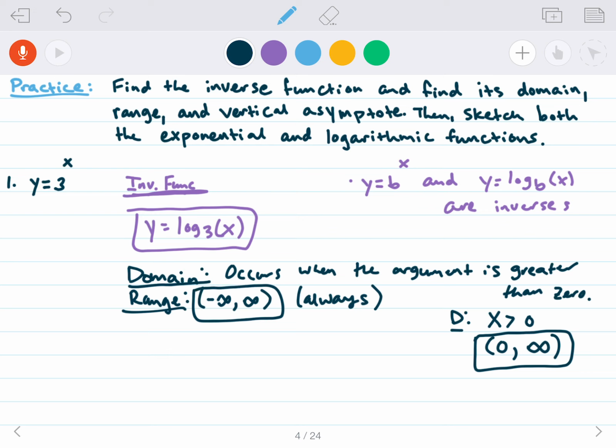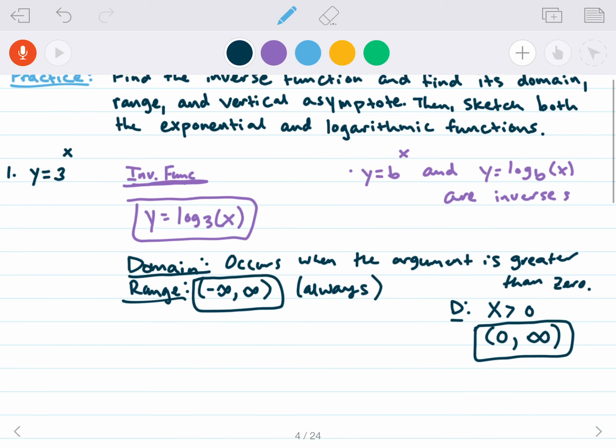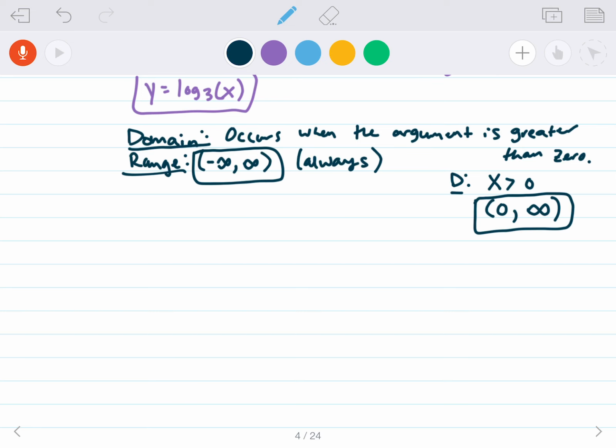Now let's go ahead and sketch the exponential and the log function. So the first thing, we have x, and then we have log base 3 of x. Then we have our exponential, which is x, 3 to the x.